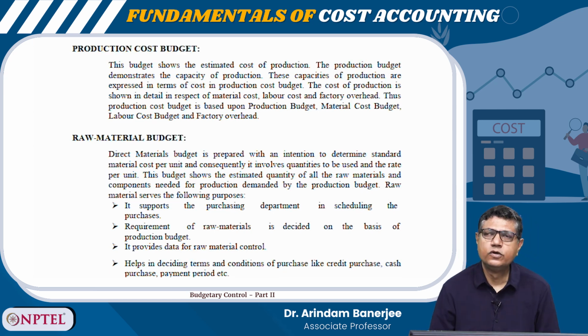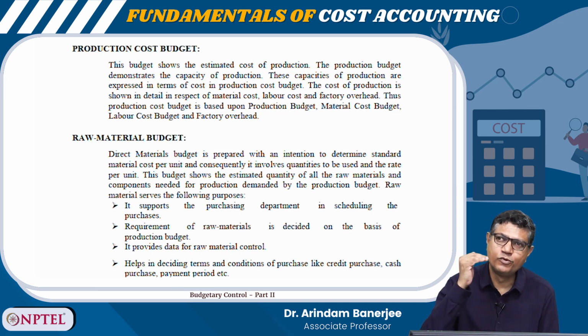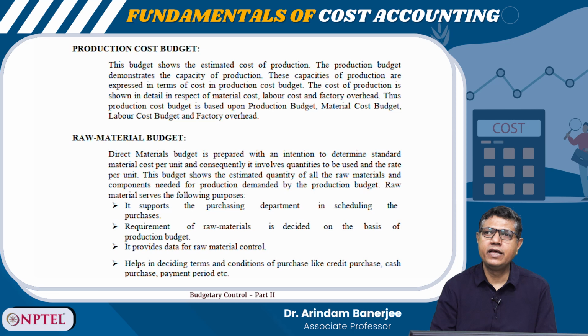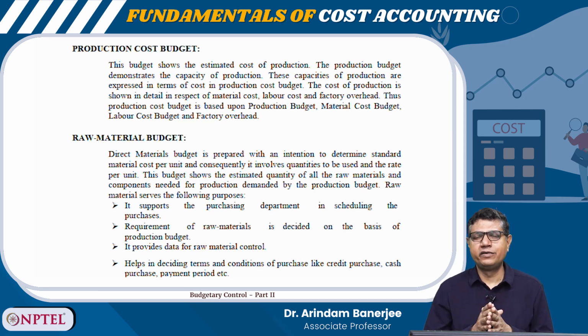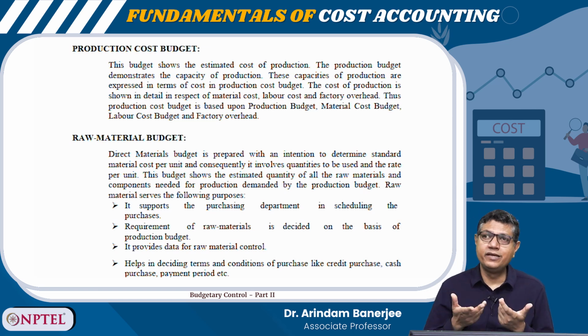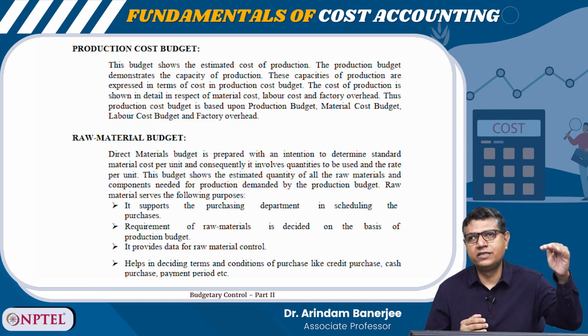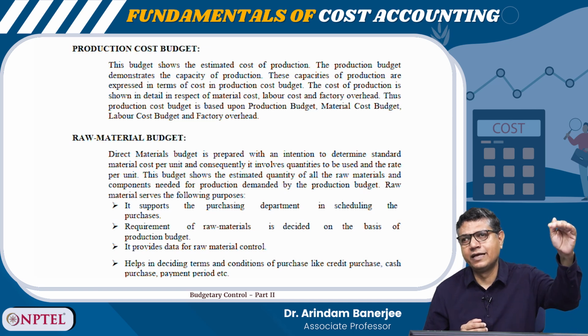After the production budget is complete, there is a part of it which is the material budget, because when I am planning for the production, I need to find out whether adequate material is available or not, or how much material I need to procure ultimately, so that I can match the production level, and that production level should match the expected sales level.